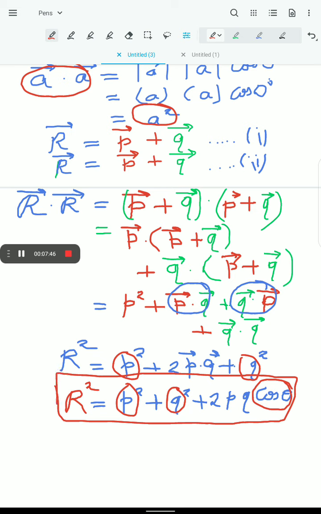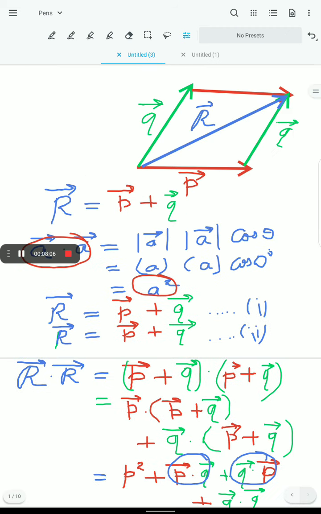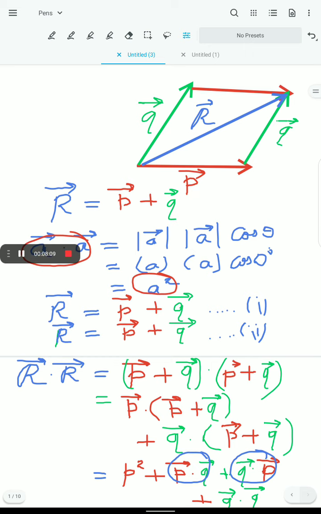So this formula says, if you know the magnitude of the first vector, the magnitude of the second vector, and the angle theta between those two vectors, then you can determine the magnitude of the resultant.